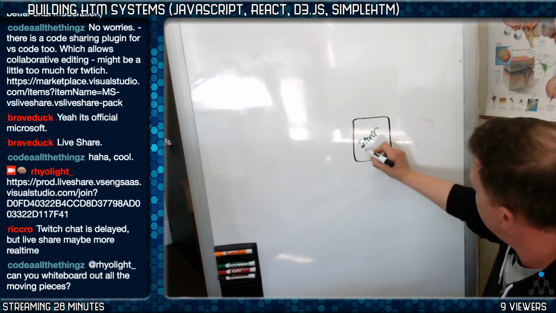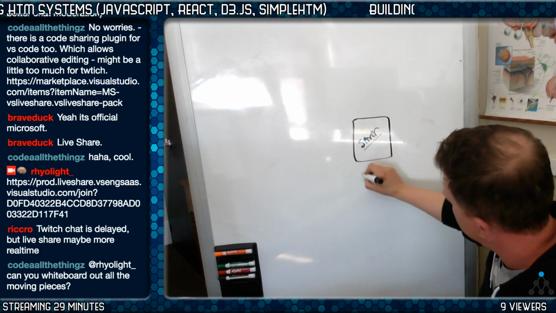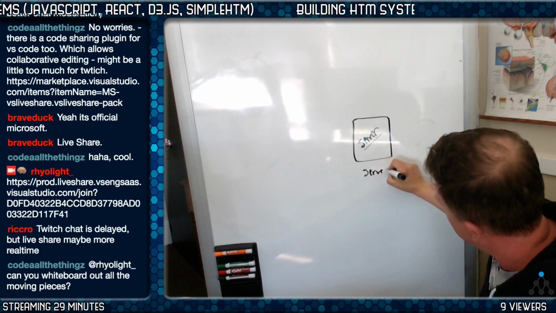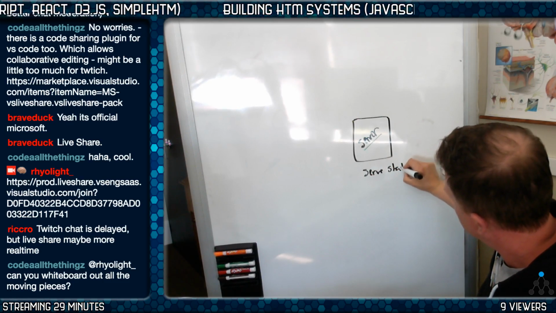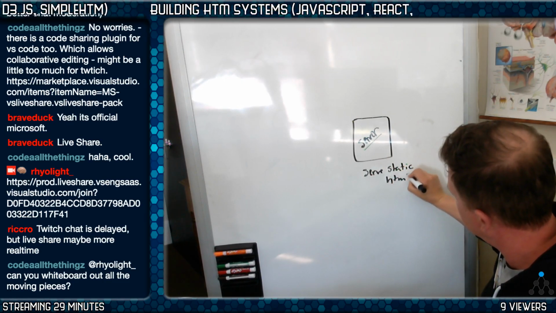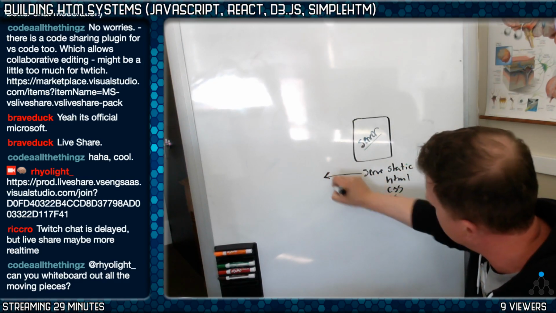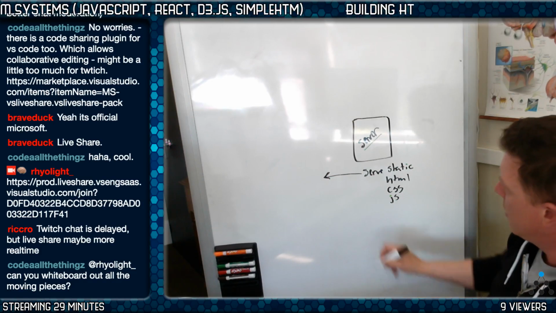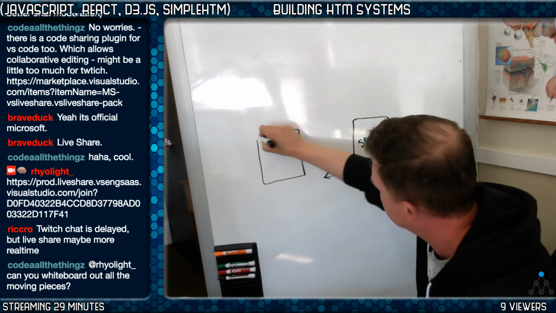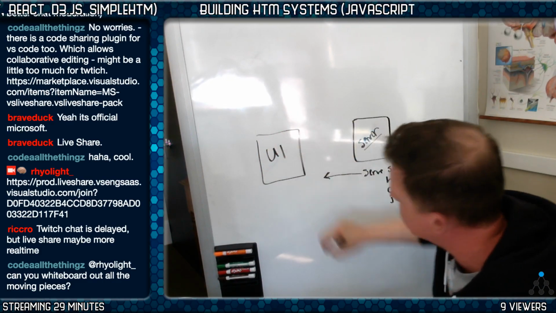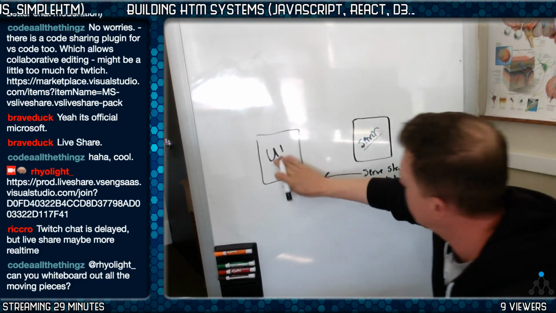The server, first of all, is going to serve static pages: static HTML, CSS, and JavaScript. So that's one thing it's going to do. And then we're going to have the client, which we could call the UI. I don't know. Let's call it the client.